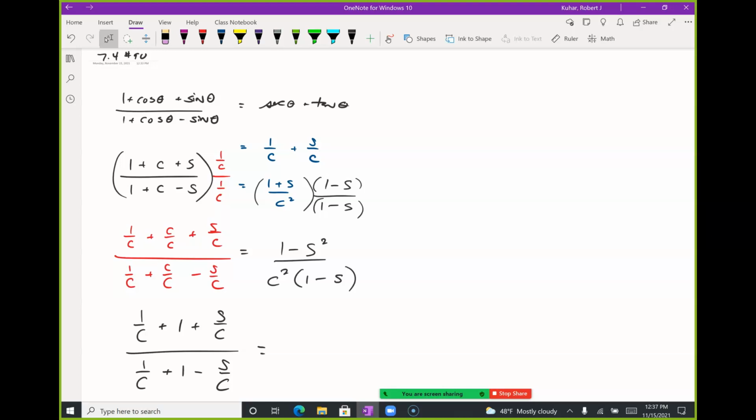No. Anyway, this gives me now cos squared over cos squared times (1 minus sine).